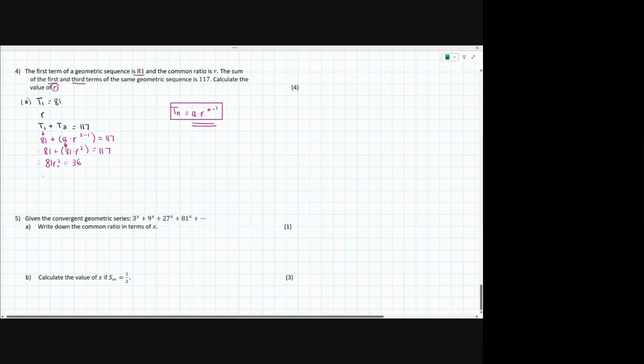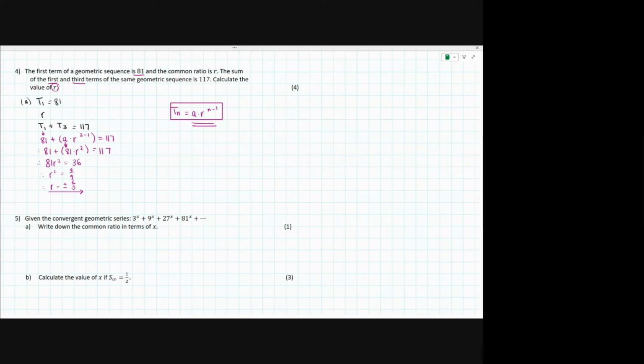If you divide both sides by 81, you get r squared is equal to 4 over 9. And remember, we don't want r squared, we want r. So we would square root, which means r is equal to plus or minus 2 over 3. Now, r can be positive or negative, so you would need to give both of those solutions. You would have to show me that you know it's plus or minus. And remember, when we square root, we have to remember the plus or minus.